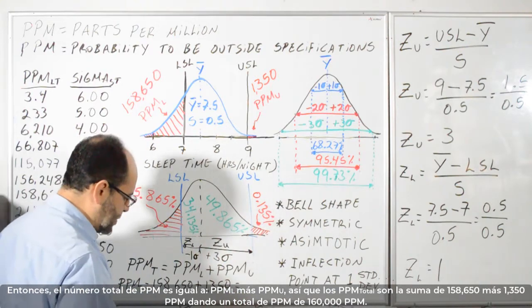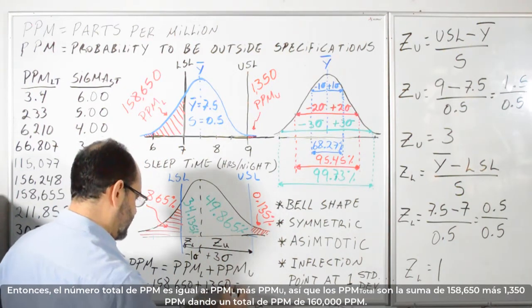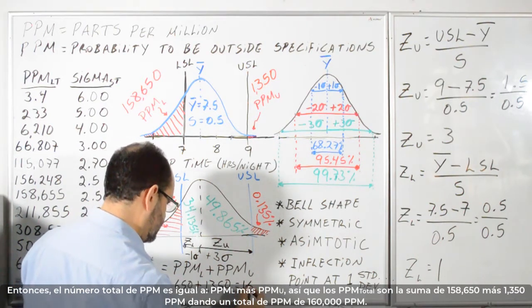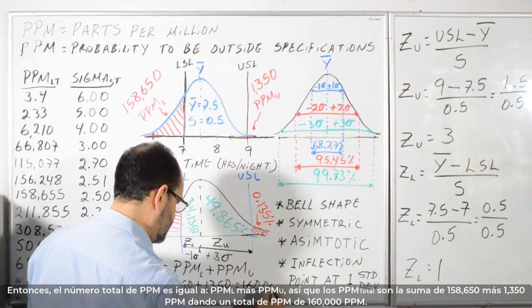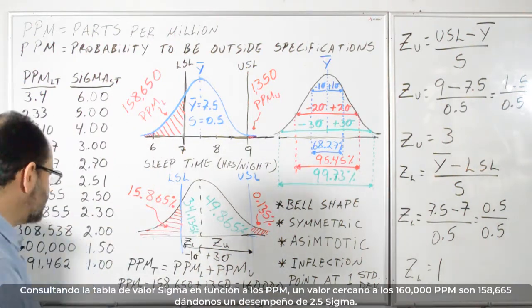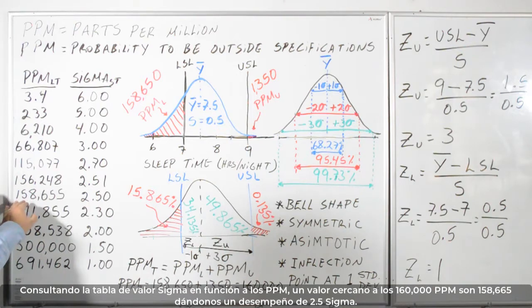The total parts per million is 160,000 parts per million.